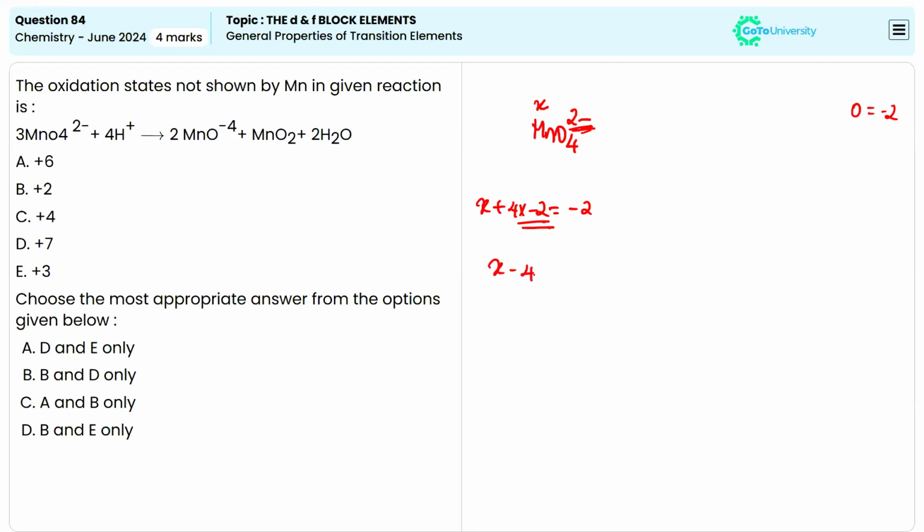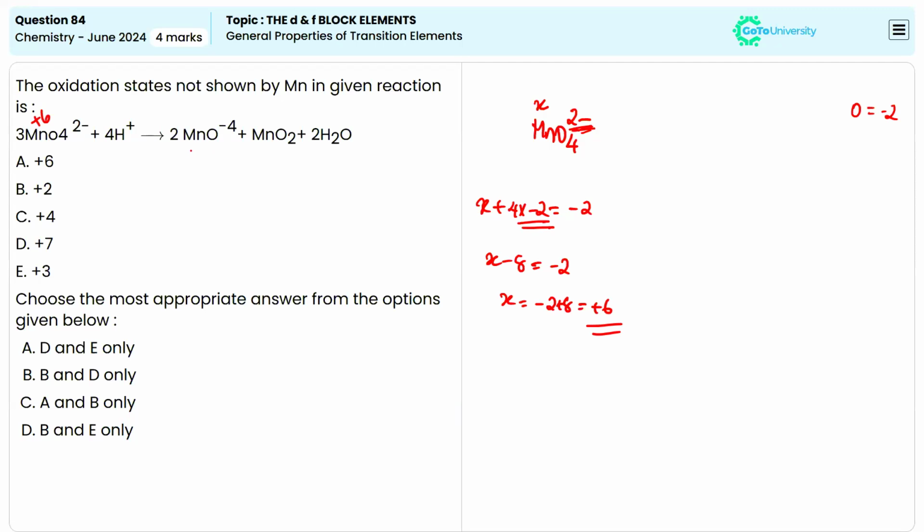So X minus 8 is equal to minus 2. Then X we can write minus 2 plus 8, that is plus 6. Means here the oxidation state of manganese is plus 6.